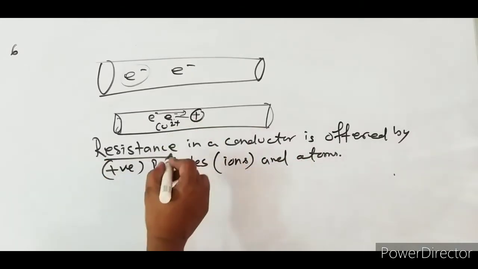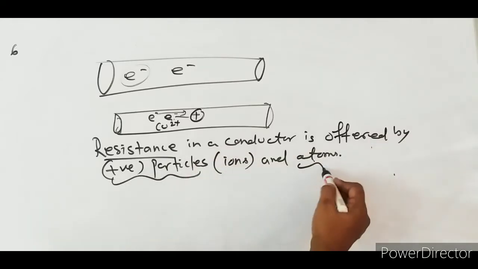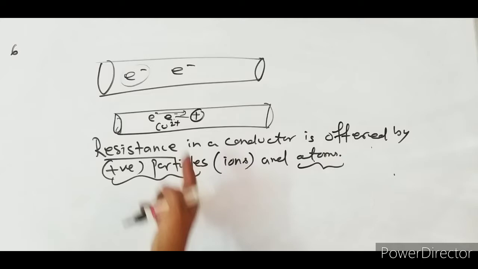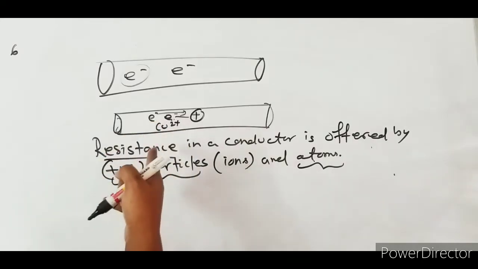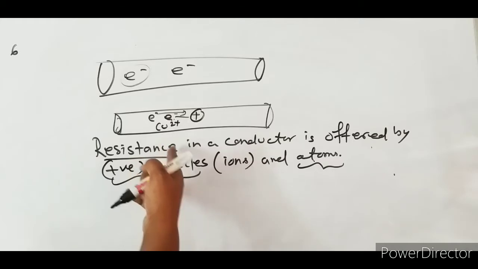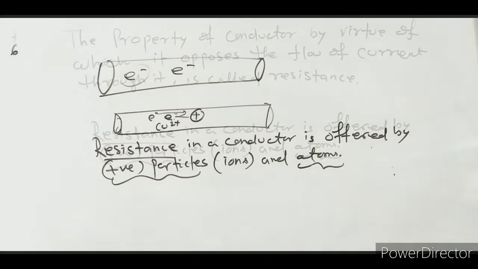So resistance is offered by the positively charged particles in the atom itself. The flow of current is obstructed, meaning the electrons, when they are flowing, are colliding with somebody else. Who are these? These positive ions and the atoms.